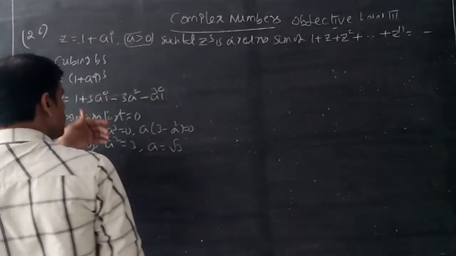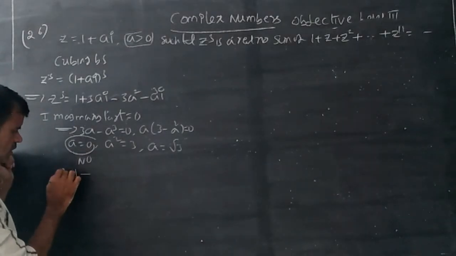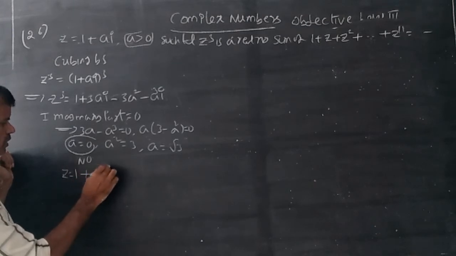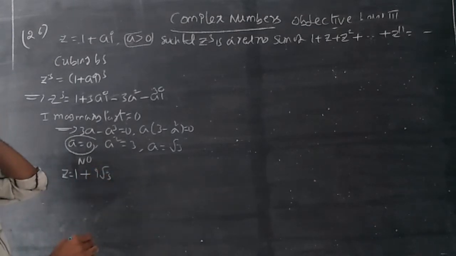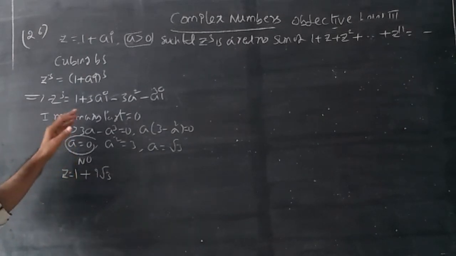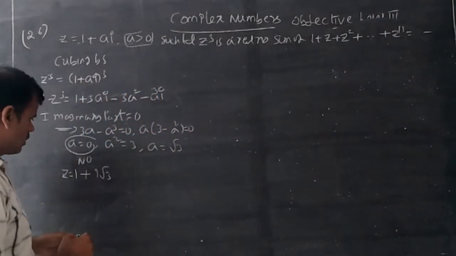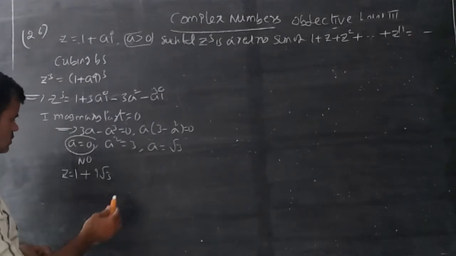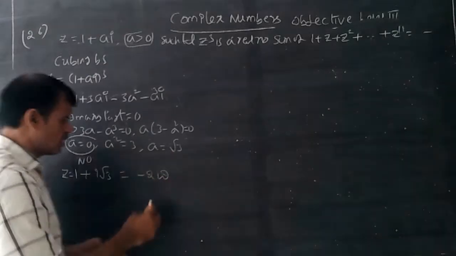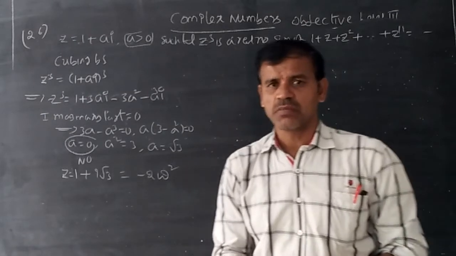Now we have a is equal to root 3. Therefore z is equal to 1 plus i root 3. Now he is asking 1 plus z plus z square and so on up to z power 11. 1 plus i root 3 can be understood as minus 2 omega square, because omega square is equal to minus 1 minus i root 3 by 2.